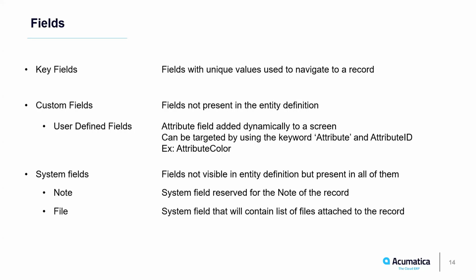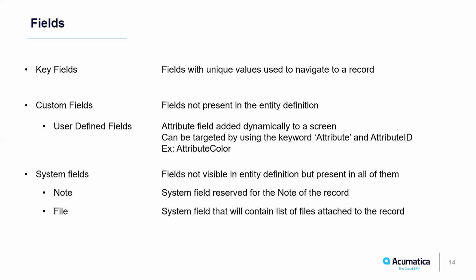If we're talking about customers, the key field in this case would be the customer ID. Usually these fields are at the top leftmost section of any Acumatica form, as they are the first ones you would see, and you can use them to navigate to a specific record in order to consult it.